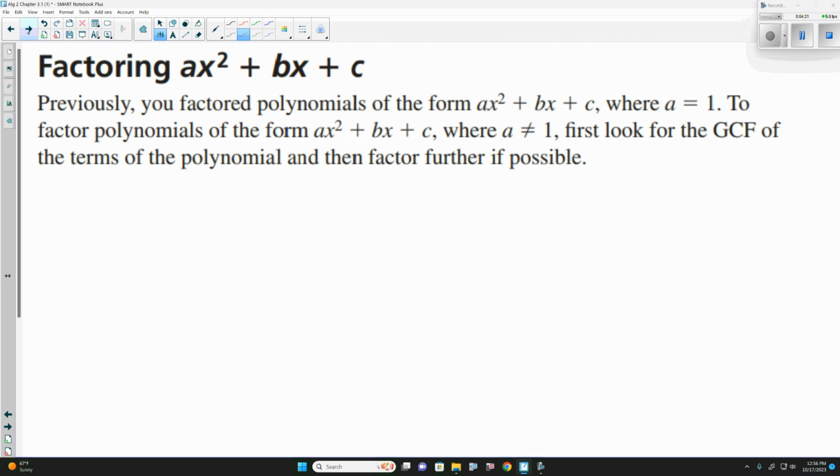Now, factoring ax squared plus bx plus c. Previously, you have factored polynomials of this form with a being 1. But again, it's been a few years. You guys did this in Algebra 1. This is normally one of the last chapters y'all covered. But we're going to look at it again, and we're going to have a be different than 1.